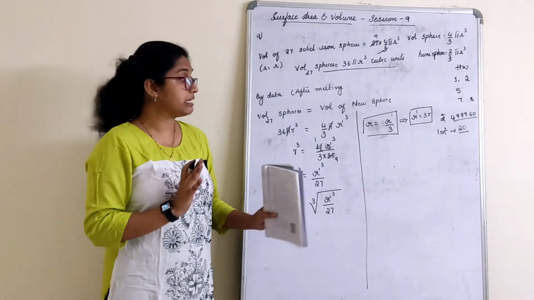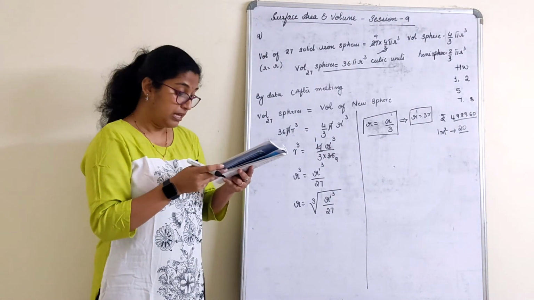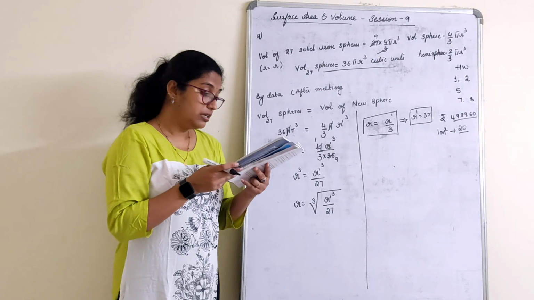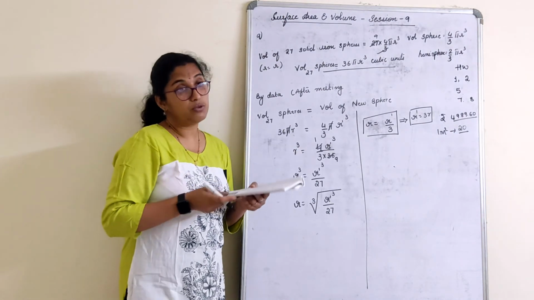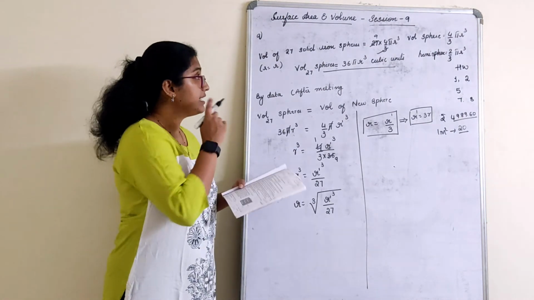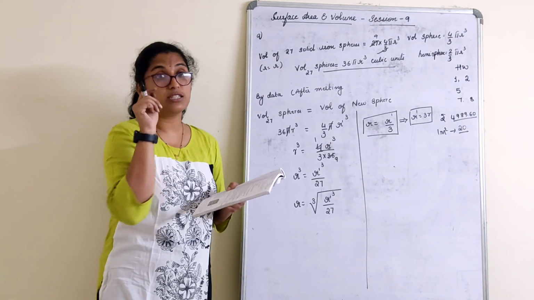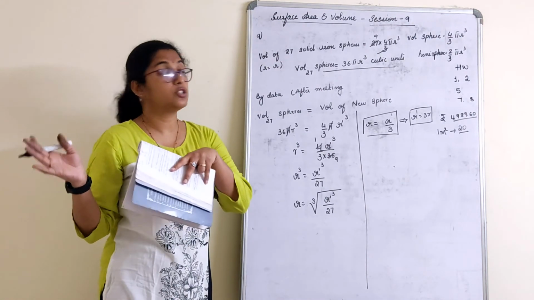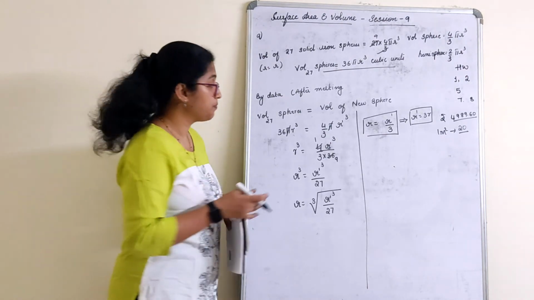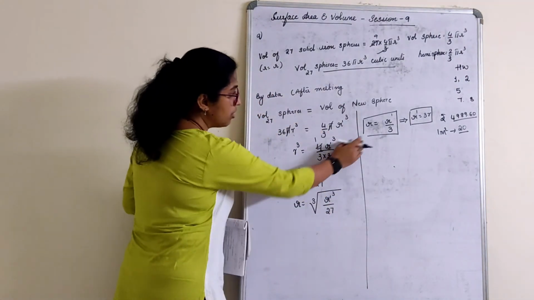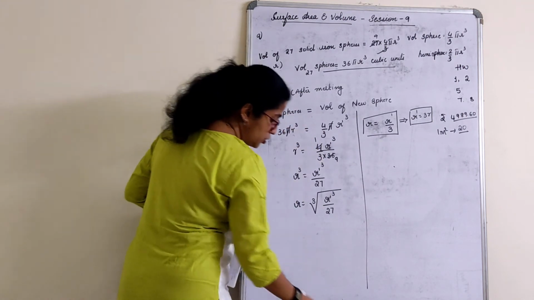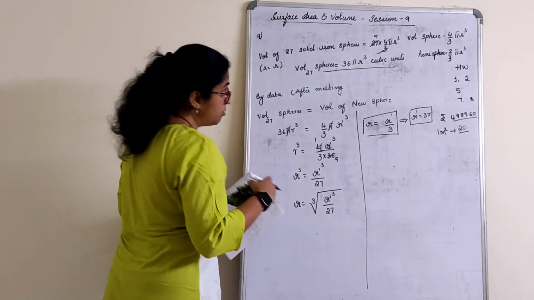This much is the given portion. Now what we have to do? Ratio of S to S dash. S is the surface area of the 27 solid spheres, and S dash is the new surface area of the sphere. Let me erase the part which is no longer required.